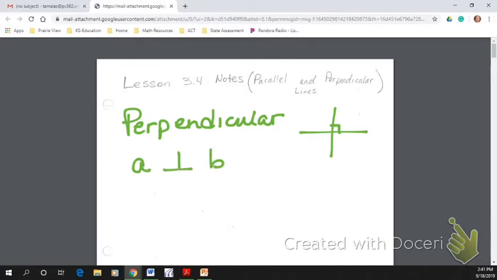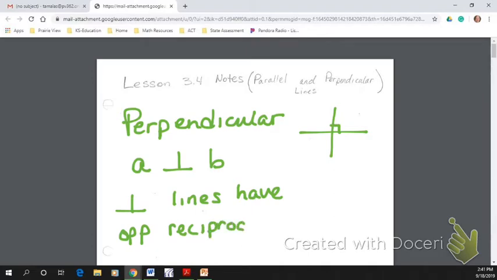So if I say line A is perpendicular to line B, I would use that symbol right there. Okay? And perpendicular lines have opposite, reciprocal slopes.